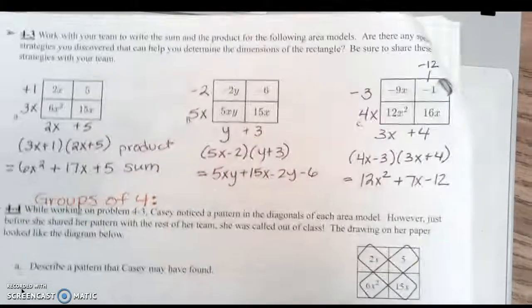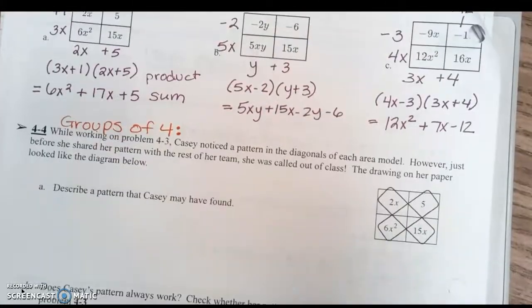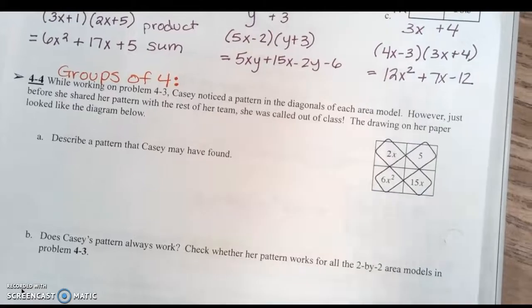Okay. We're going to separate into our groups of 4 in just a minute, and you guys are going to do question number 4 and 5 together. So question number 4 says, while working on problem 4.3, Casey noticed a pattern in the diagonals of each model. However, just before she shared her pattern with the rest of her team, she was called out of class. The drawing on her paper looked like the diagram below.